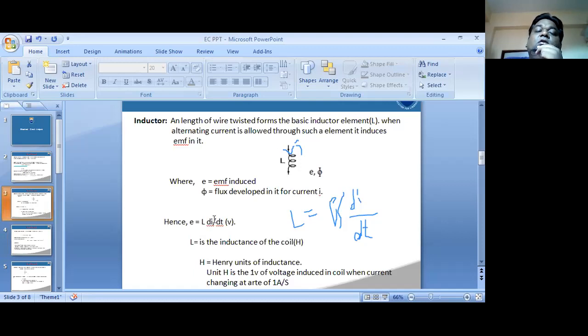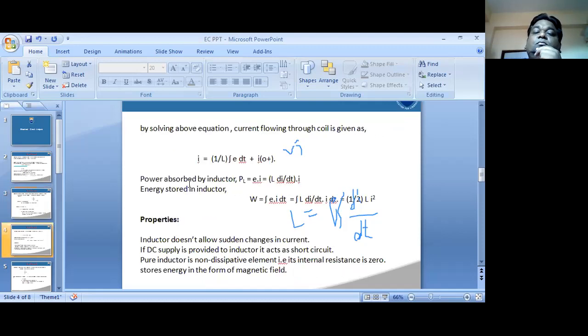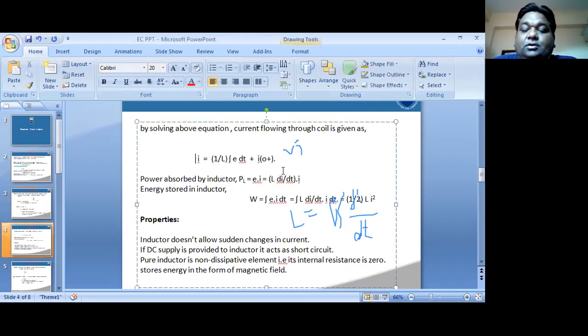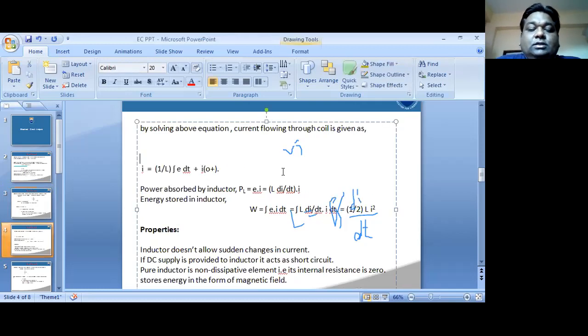Now integrating that expression on both sides.